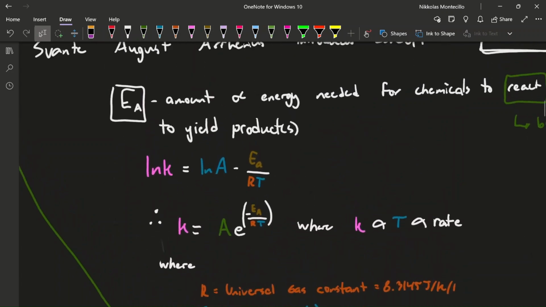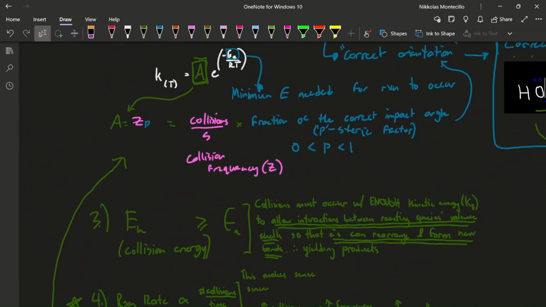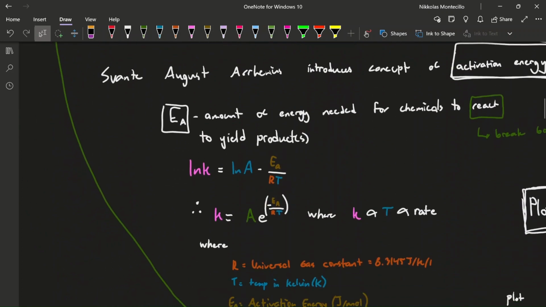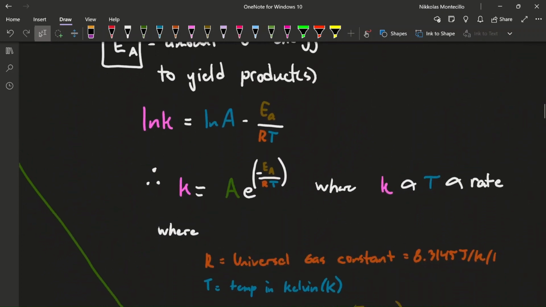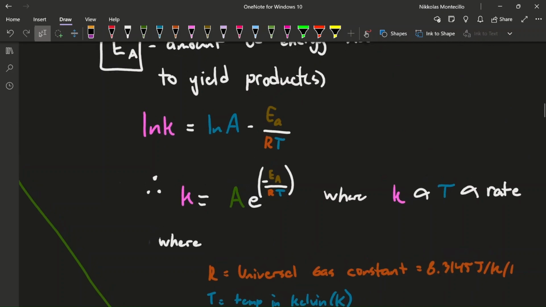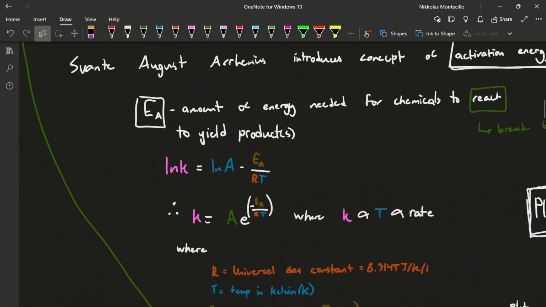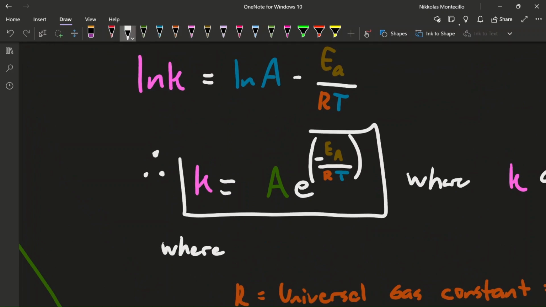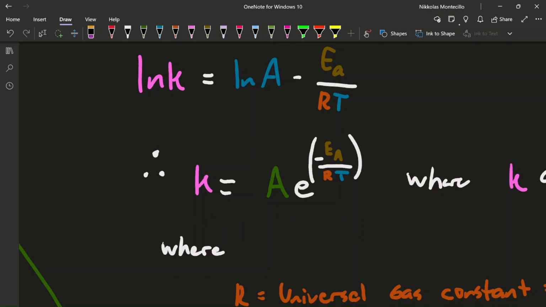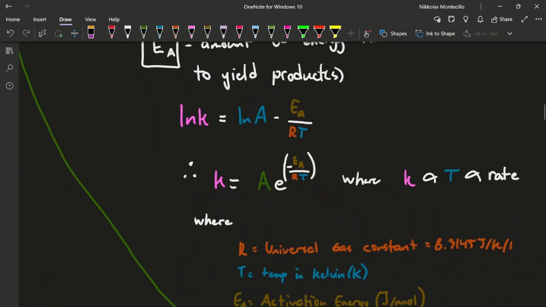It is also the same formula that I showed previously above if you take away the logarithms. If I add an exponent to everything, we can see that this is the other way to express the equation, where k equals A times e to the power of negative Ea over RT.